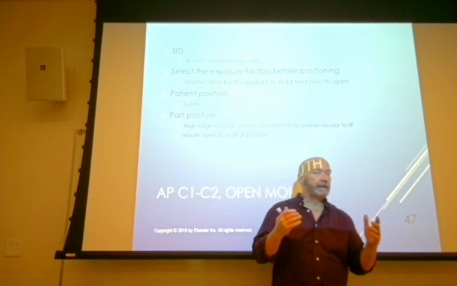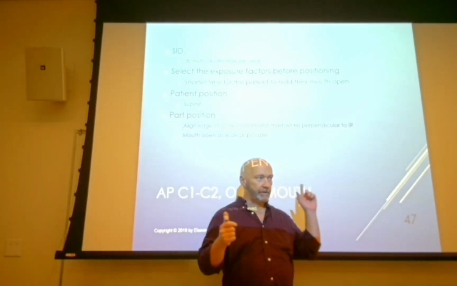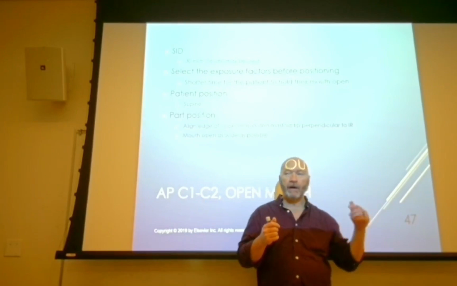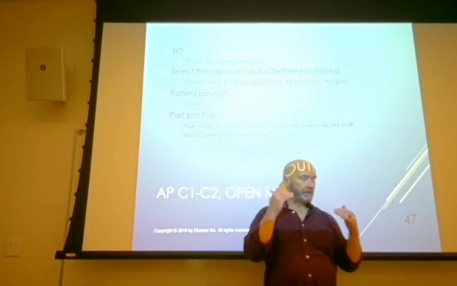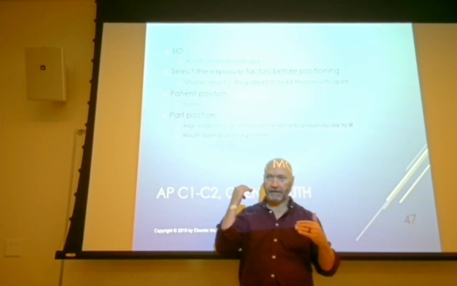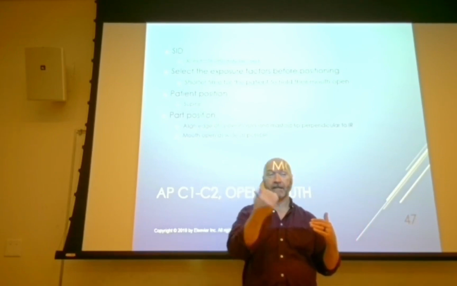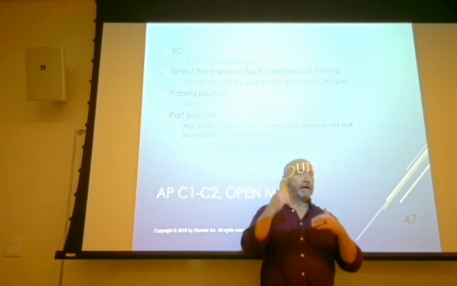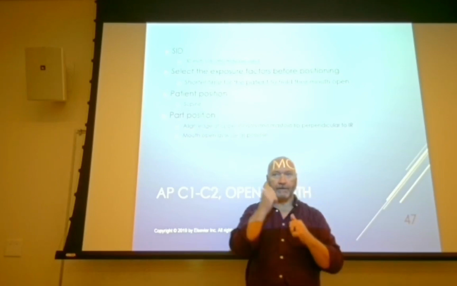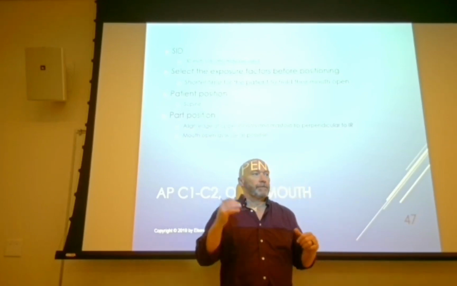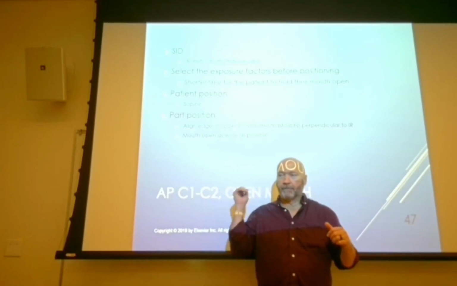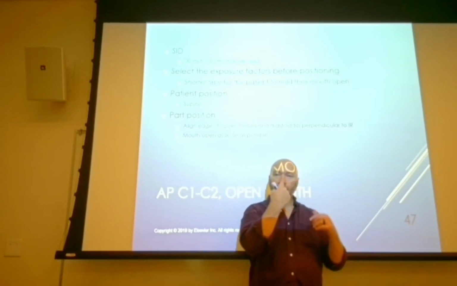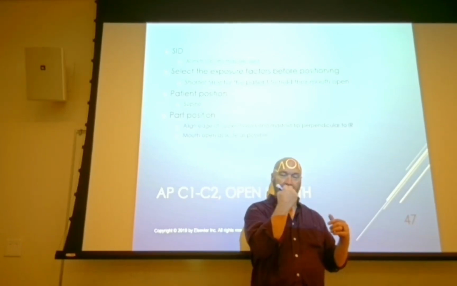So use that. Very, very important, to get these as close as possible, the chin and, in this case, the upper incisors and the base of the skull, perfectly in line with each other. Okay. So, acanthomeatal line perpendicular to the image receptor, use those crosshairs, but that's not where you're going to center.